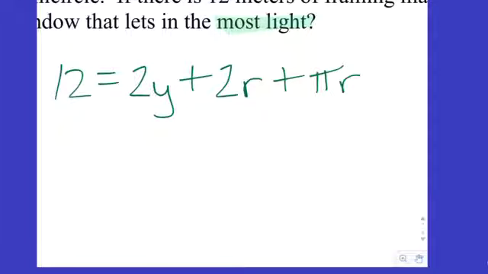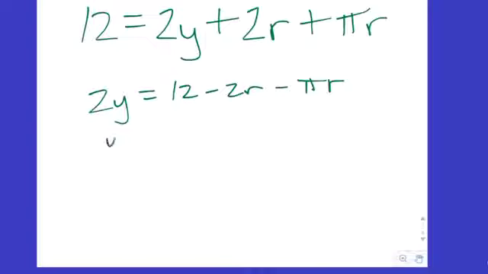So I'm just going to leave it like this. I'll solve it for y. So 2y is going to equal 12 minus 2r minus pi r, and then I divide through by 2. y is equal to, let's see, half of 12 is 6, half of 2 is 1, half of pi is pi halves. So I just distributed 1/2 all the way through. You okay with that?